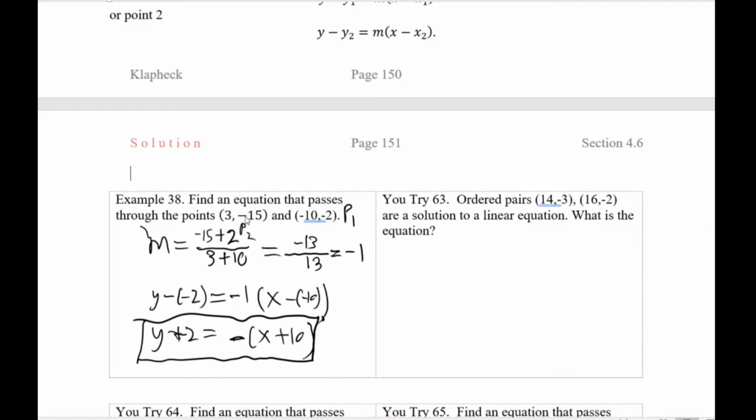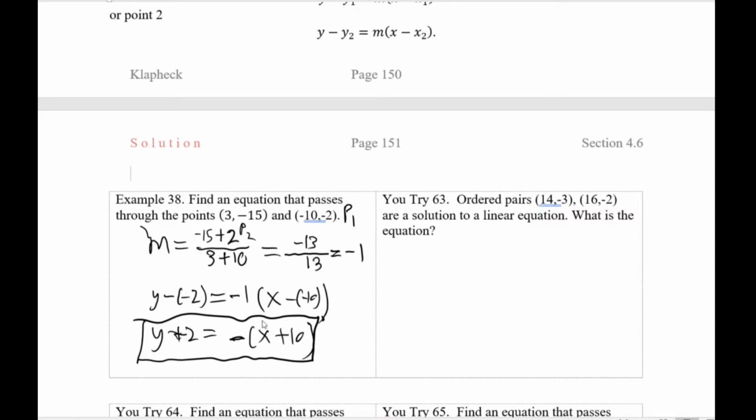So y2 minus y1, negative 15 minus negative 2, becomes negative 15 plus 2, and then x2, 3, minus 10, becomes 3 minus 10. Simplify. Negative 13 over negative 13 becomes 1.